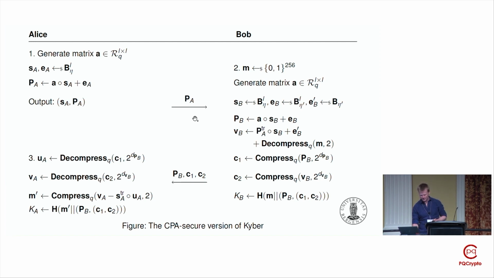Bob, using this value and his secret key, creates a bunch of other values, sends them over to Alice, and then Alice and Bob create keys K_A and K_B, and these values should of course match, and these two should be their shared secret key.